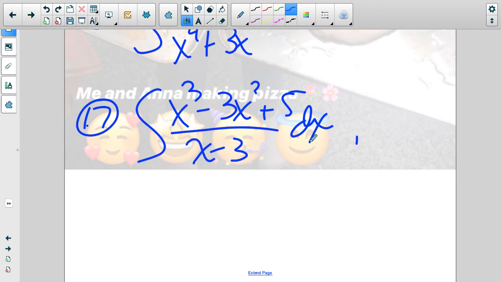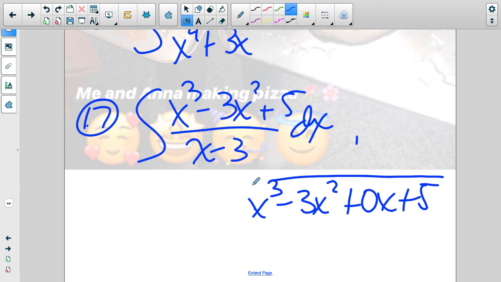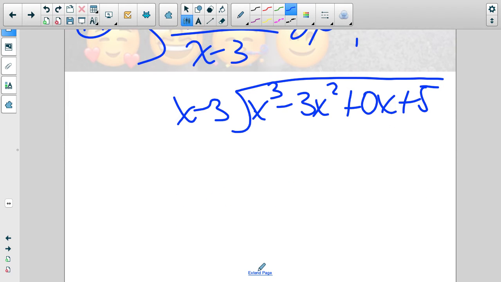Okay? Girls, do you see here? In fact, even if you try to use substitution, it wouldn't work either way, anything you do. But I would jump right to long division. So I'm going to make this x cubed minus 3x squared plus 0x plus 5 divided by x minus 3. I'm going to multiply by x squared, which gives me x cubed minus 3x squared.